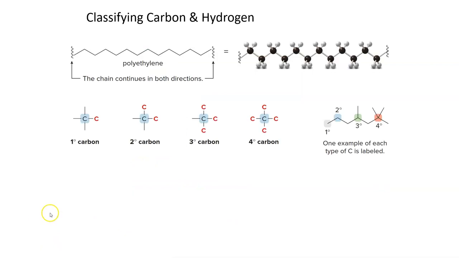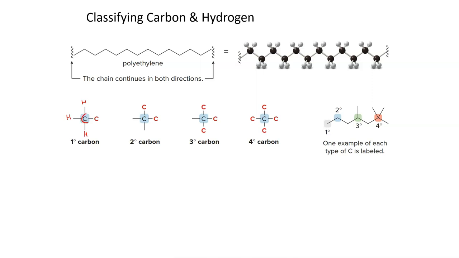Some terminology that we'll use to identify different parts or groups within the chain is primary, secondary, tertiary, or quaternary carbon. Here, what is not being shown right now are the hydrogen atoms that are attached.